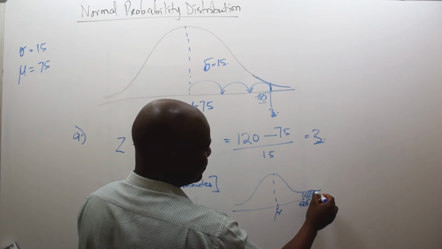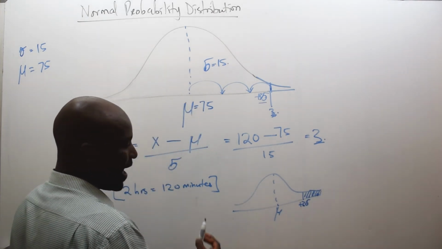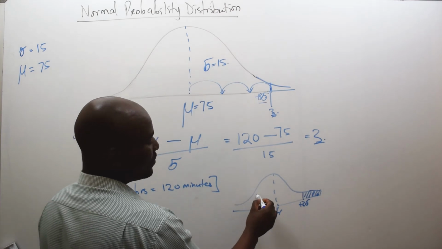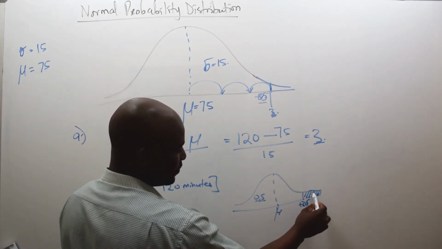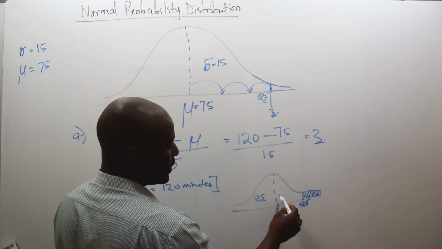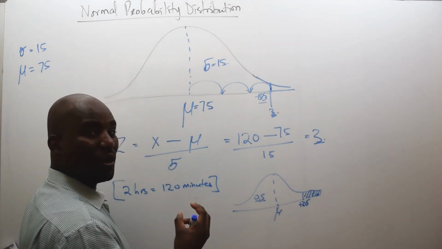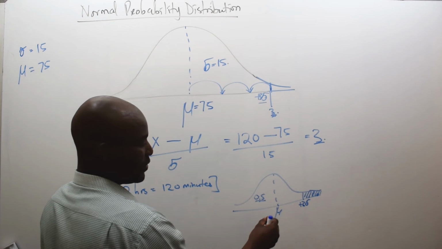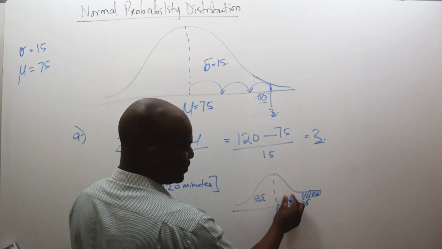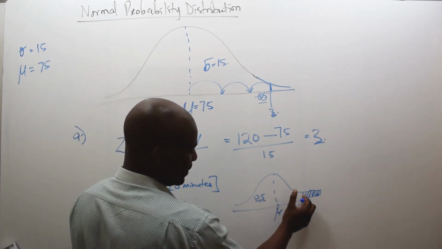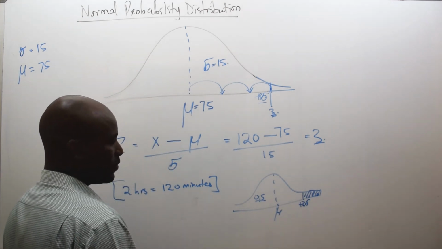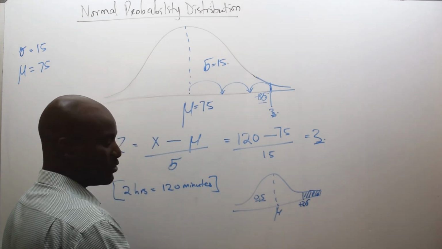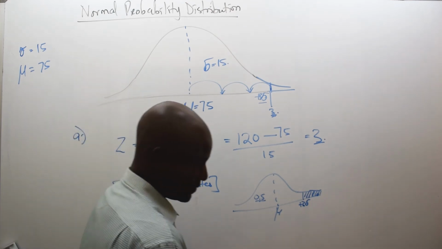So we need to check for the area under the probability. We already know that this is 0.5. This is going to be a very small number, because by 3 here we should get about 0.4 something. So let's check the Z table and find out what a Z of 3 would equate to in terms of probabilities.